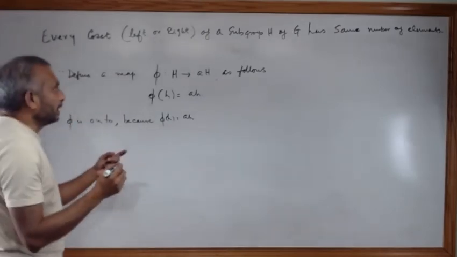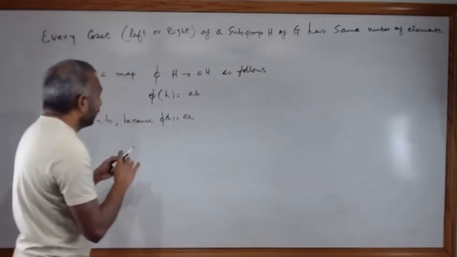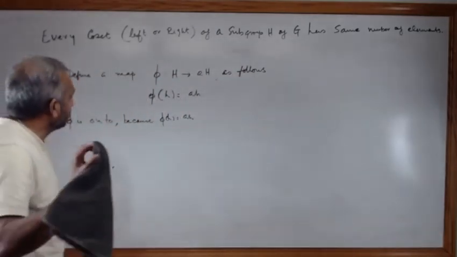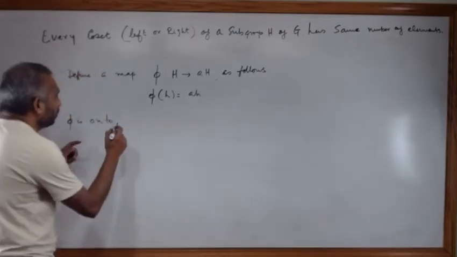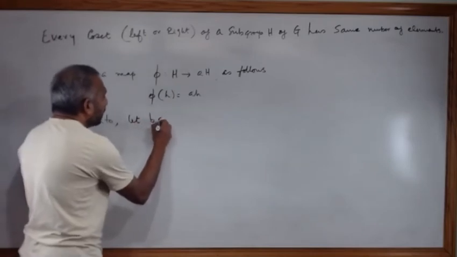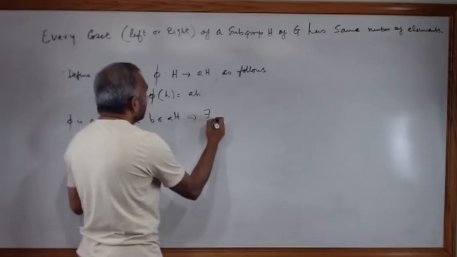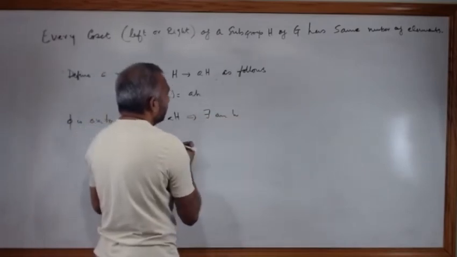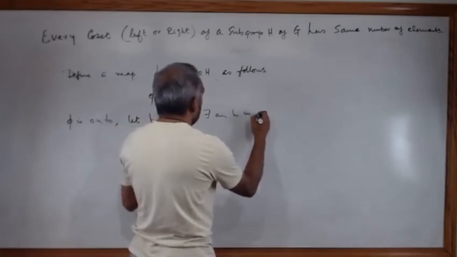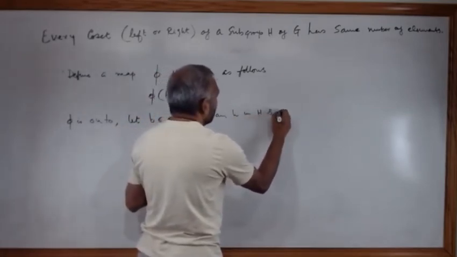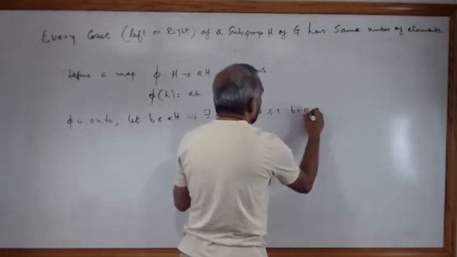We can prove this: let b belong to aH. That implies there exists an h in H such that b is equal to ah.